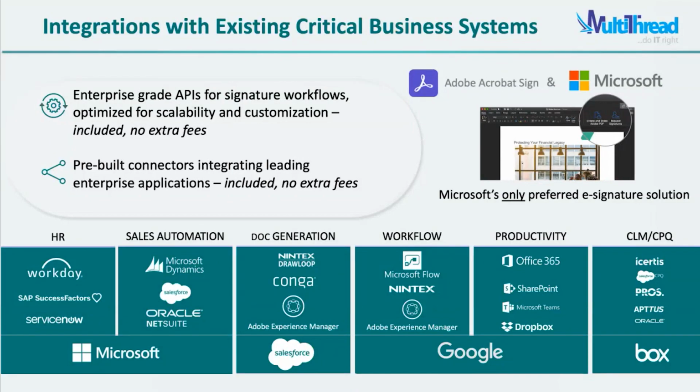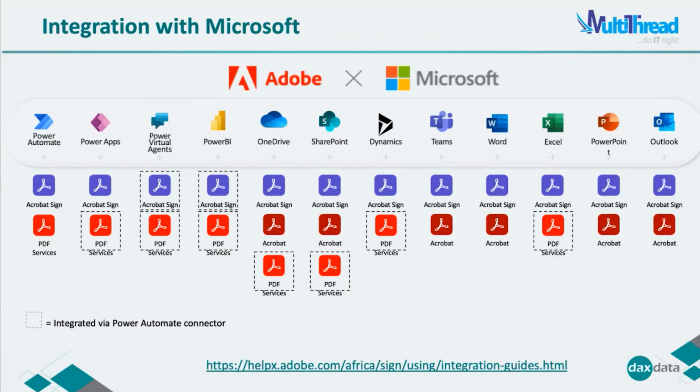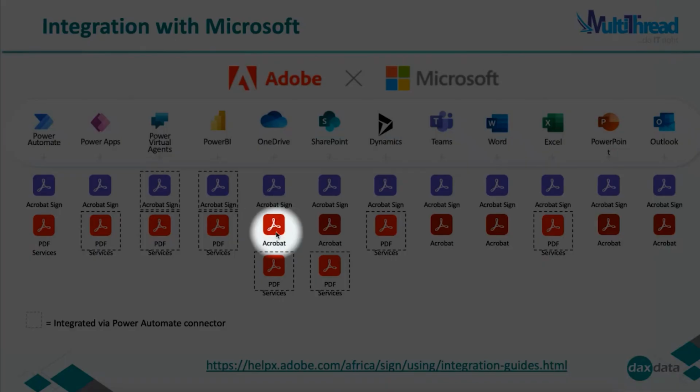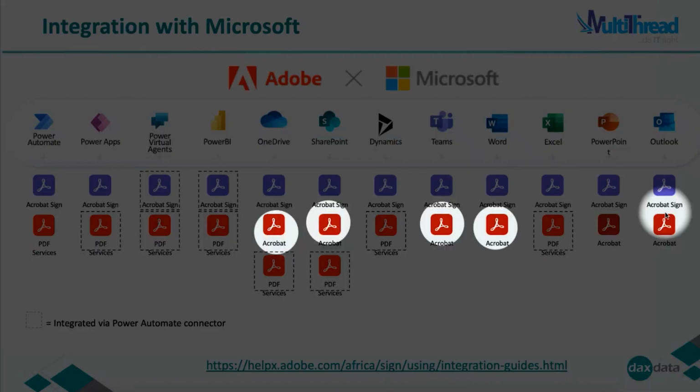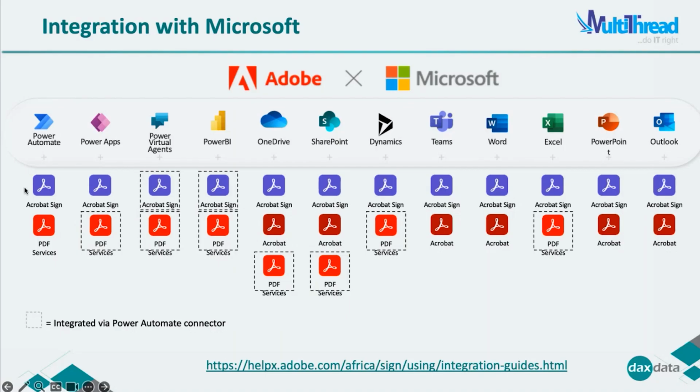All right, and if I look at this environment, before we spoke about the Acrobat ones as well. But here you can see there's even more integration. So you can integrate things with Power Automate and Power Apps and Power BI and Microsoft Dynamics. There's just so much more that you can integrate with.